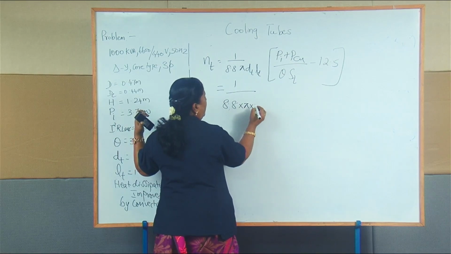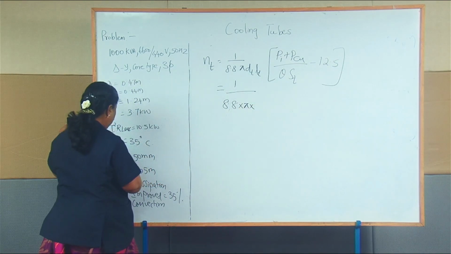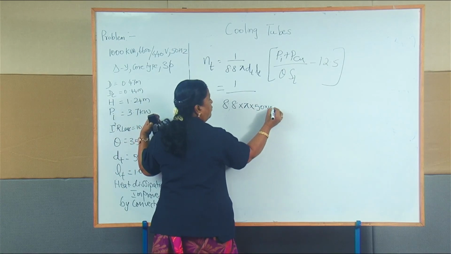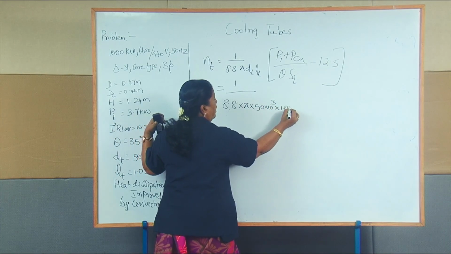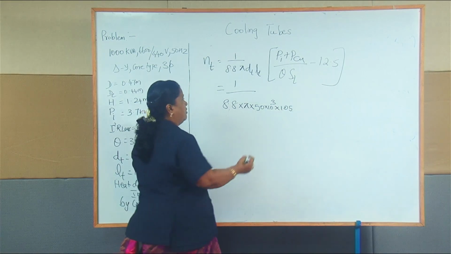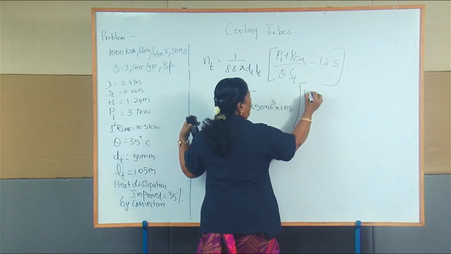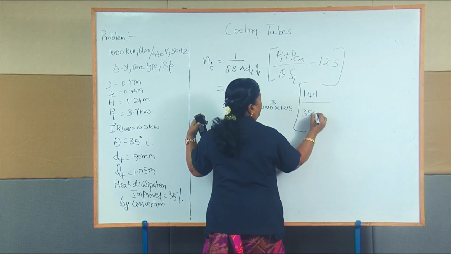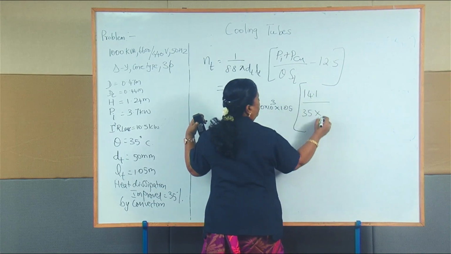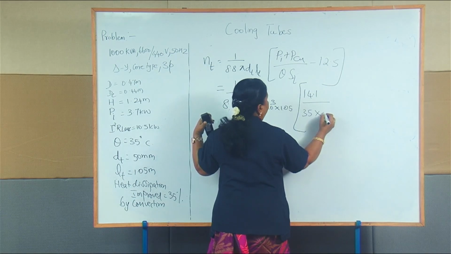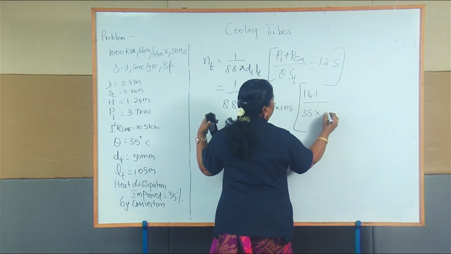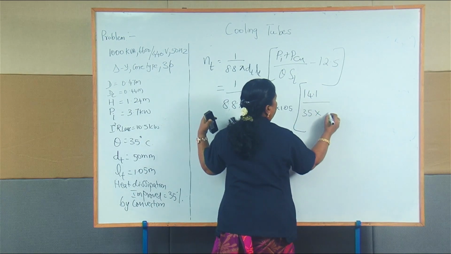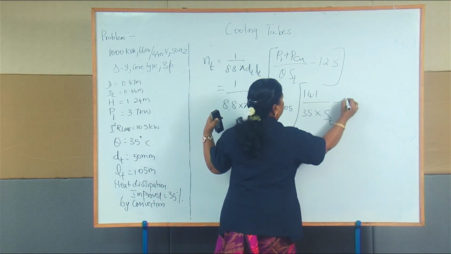Then pi into the diameter of the cooling tube, dt, which is given as 50 mm, so you have to convert that into meter: 50 into 10 to the power of minus 3, into the length of the tube, 1.05 meter, and in bracket 14.1 kilowatts divided by temperature 35 degrees into the surface area of the tank. We have to calculate the surface area of the tank first, so we will keep this ST as it is.